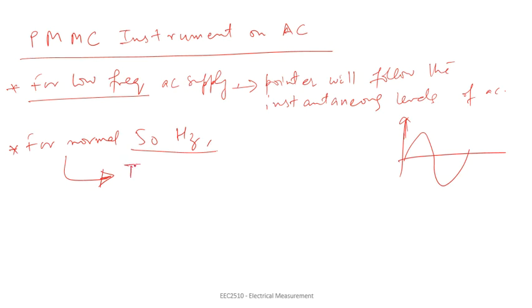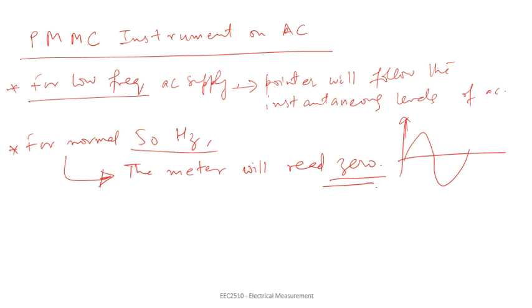So we can say that the meter will read 0. For the normal 50 hertz range, the PMMC instrument will indicate 0 if we connect it directly to the AC supply.